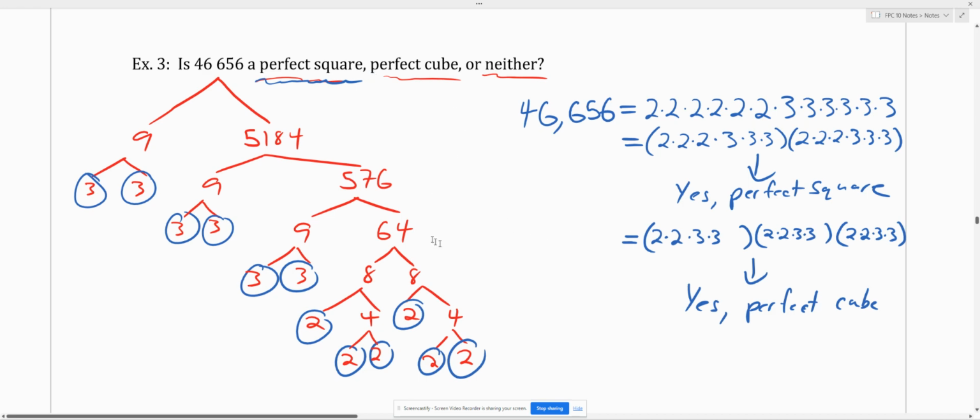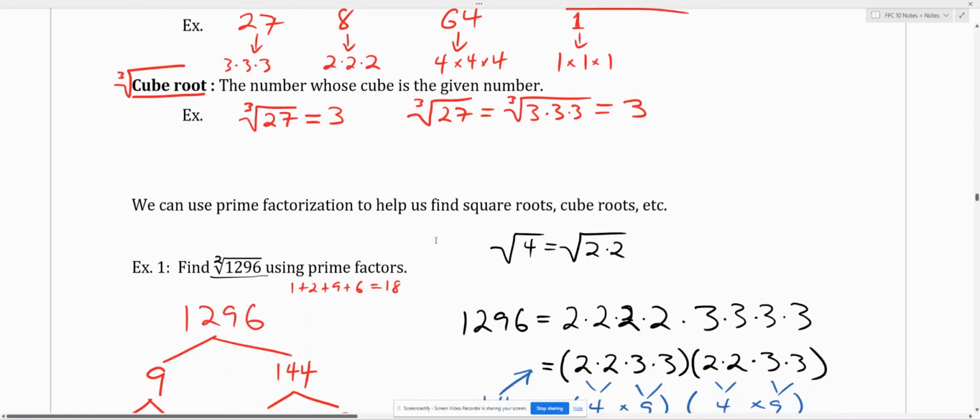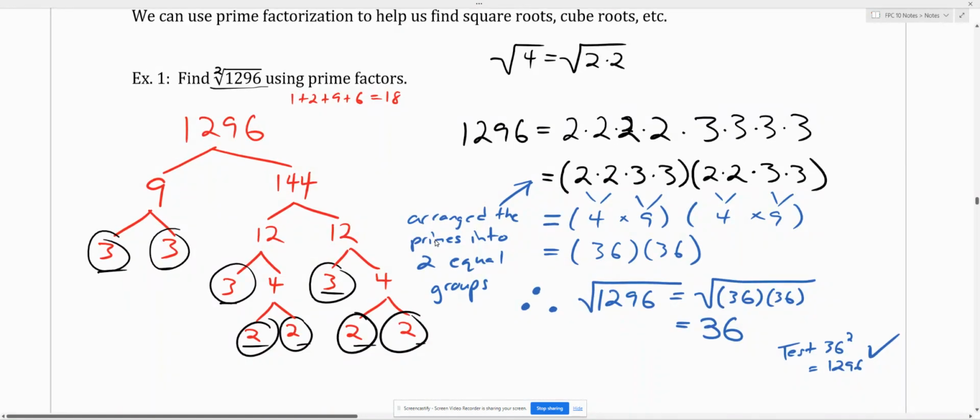Now, I know we could be using calculators to calculate all of this from scratch, but the idea here is we're really diving deeper into understanding how numbers are created by factors, because later on you're going to be doing this with variables like letters, and a calculator won't be able to help you with that. You have to be able to understand how these perfect squares and perfect cubes work, and how to break things apart and put them back together with their factors when it comes to more complicated things like variables.